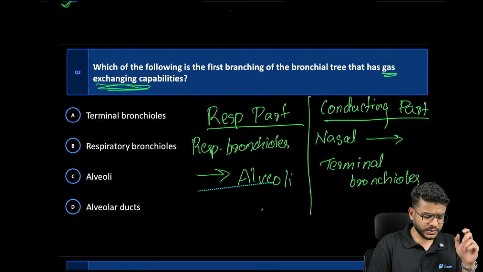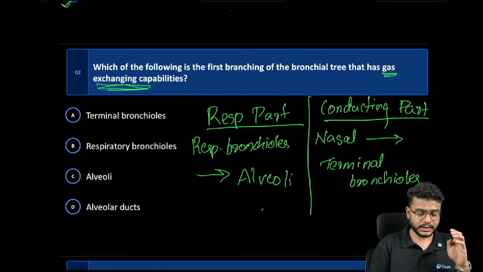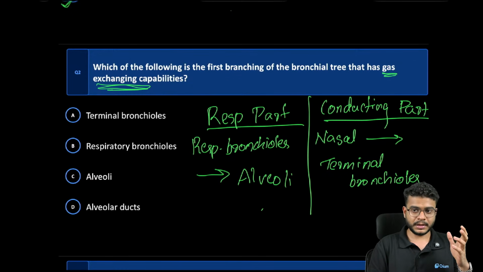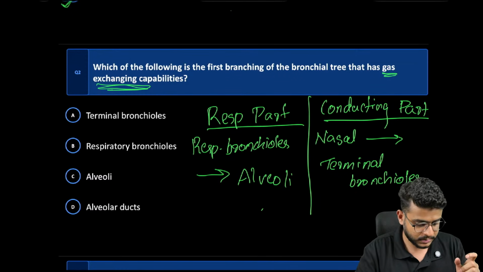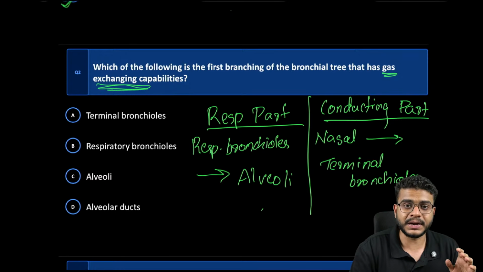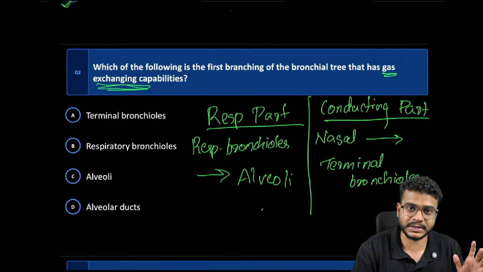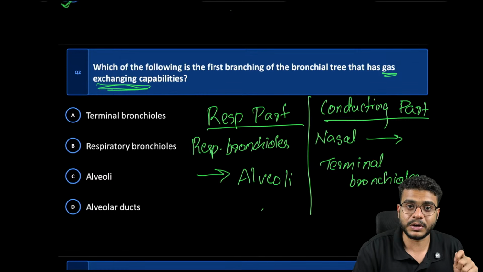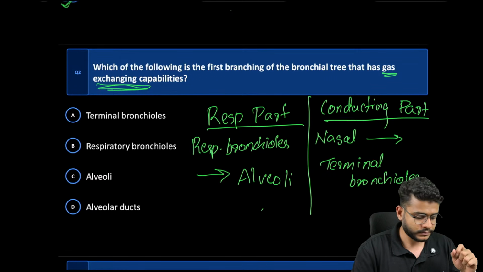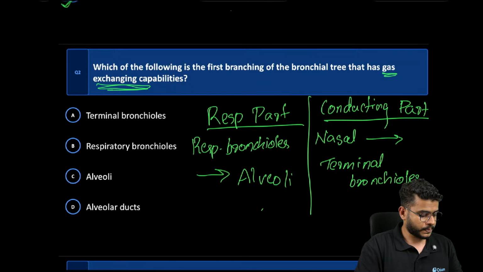Okay, so the difference is the conducting part just transports the air instead of any gaseous exchange. The respiratory part helps in gaseous exchange because it has alveoli present there. The respiratory bronchioles have alveolar openings. Now the options: terminal bronchioles are a part of the conducting part, so gas exchange does not take place there.